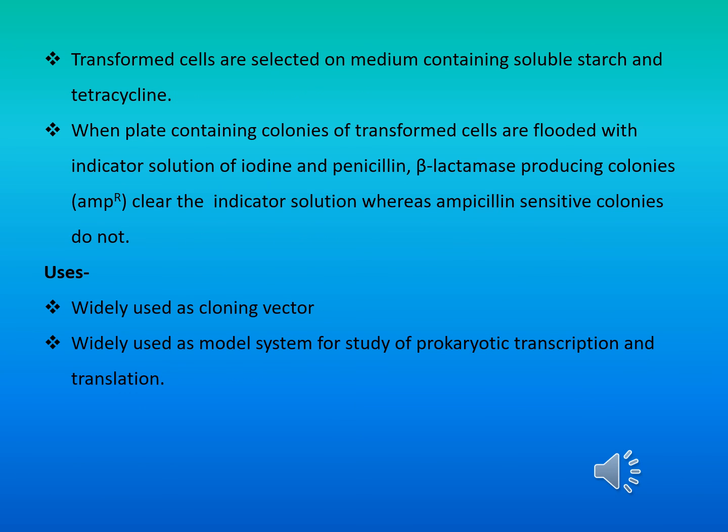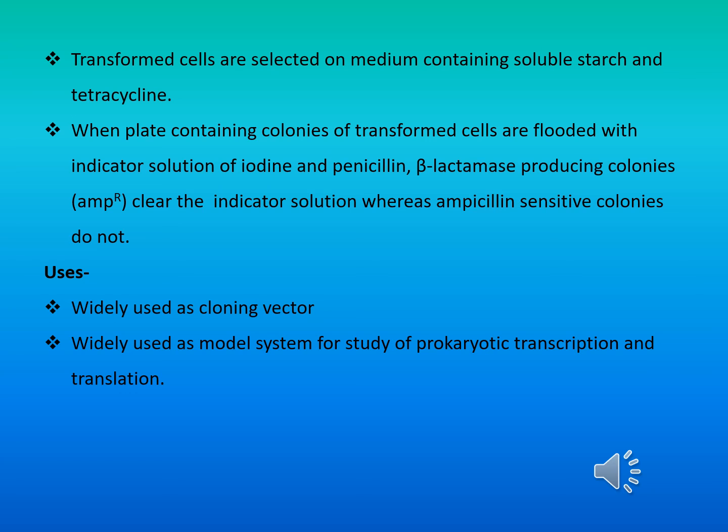In this way, when we do cloning in the ampicillin resistance gene, transformed cells are selected on the medium containing soluble starch and tetracycline. After cloning, when E. coli cells are grown on this starch plate and after growth iodine is flooded, then transformed E. coli cells give blue color with iodine, and non-transformed cells don't give any blue color after iodine addition.